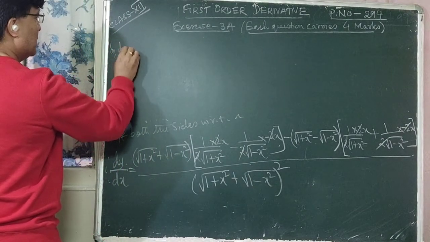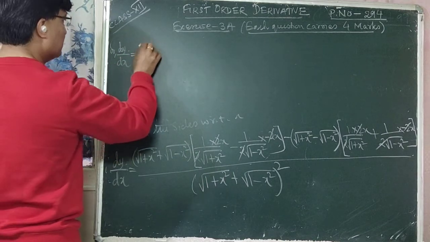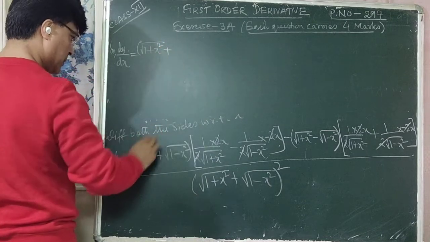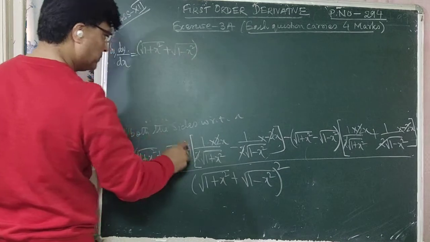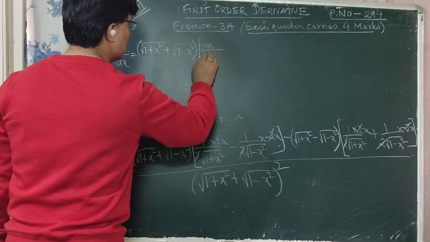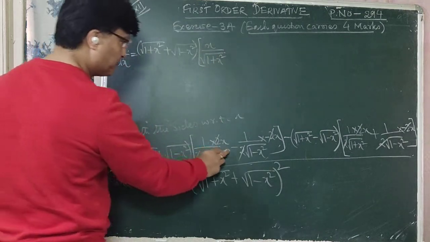Or dy by dx is equal to, in the numerator, root over 1 plus x square plus root over 1 minus x square. Now within top bracket, what is here? This is x upon root over 1 plus x square, right?